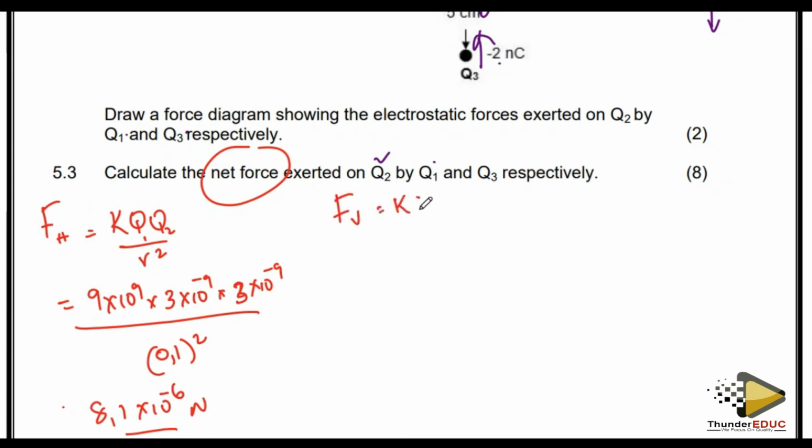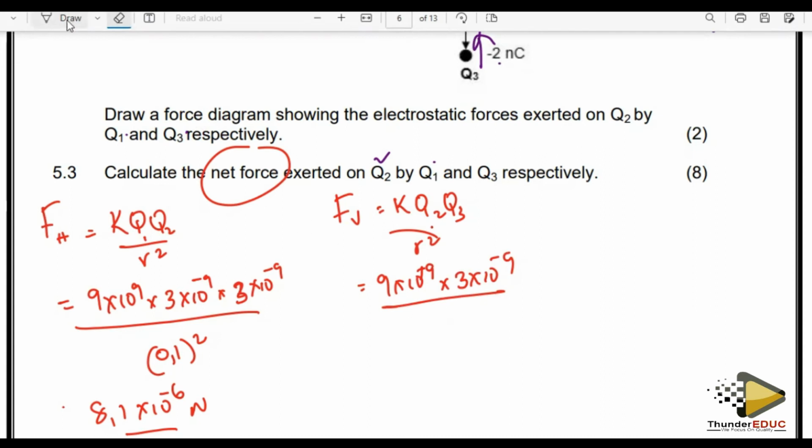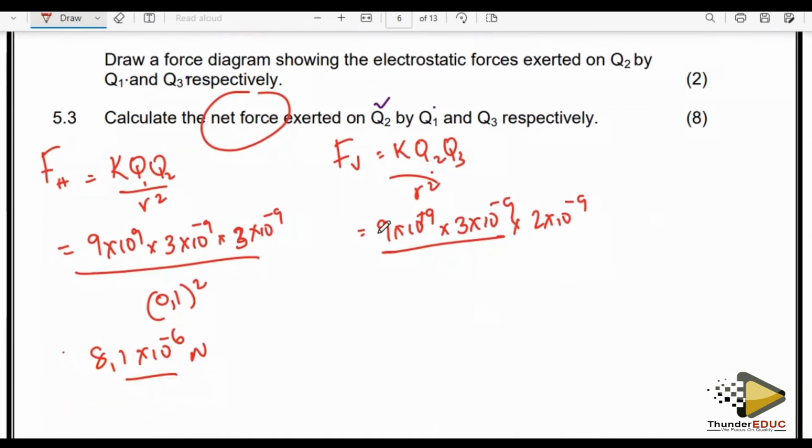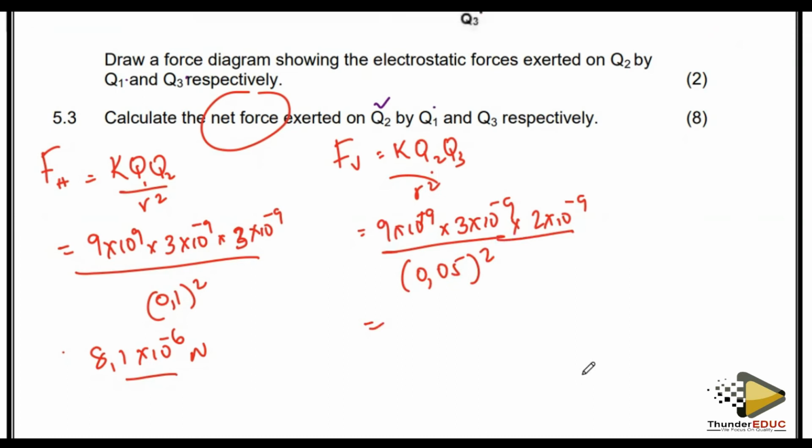Then the vertical force is kQ over R squared: 9 times 10 to the 9, times 3 times 10 to the negative 9, times 2 times 10 to the negative 9, over 0.05 squared. Putting that into the calculator, I get 2.16 times 10 to the negative 5 newtons.